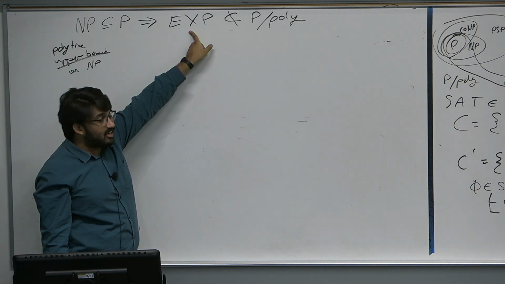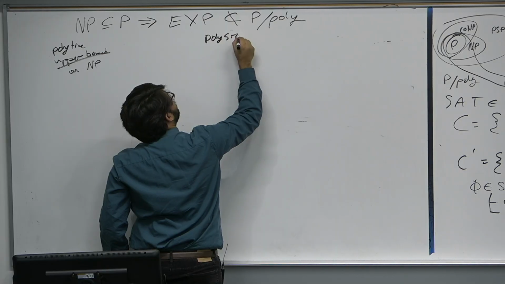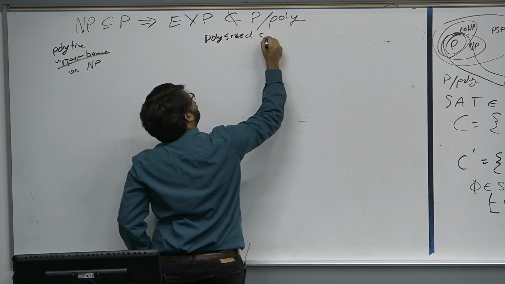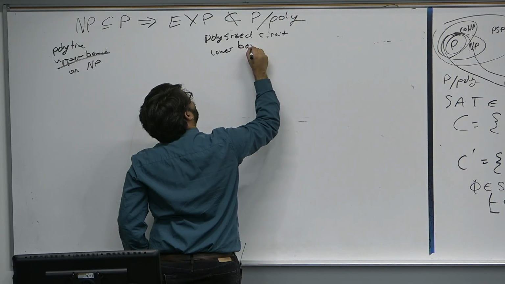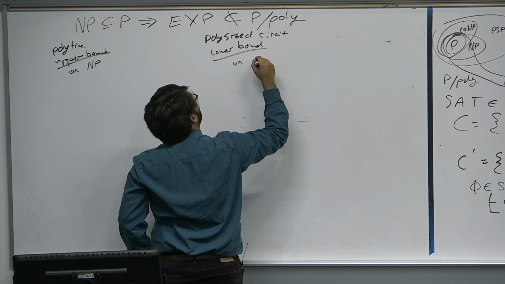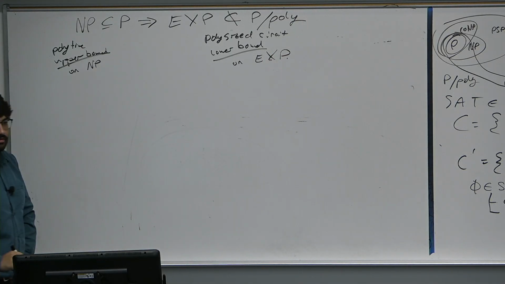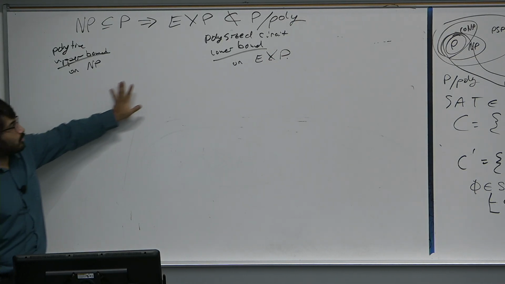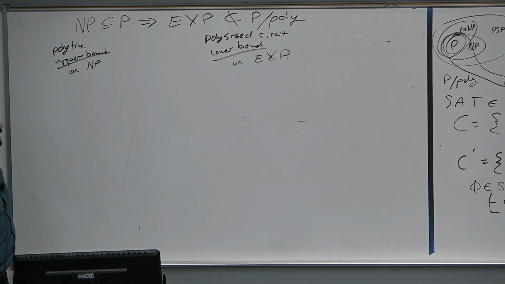The EXP not in P/poly is a poly-sized circuit lower bound on EXP. Right? So an upper bound can in fact imply a lower bound. Let's prove this in a second.